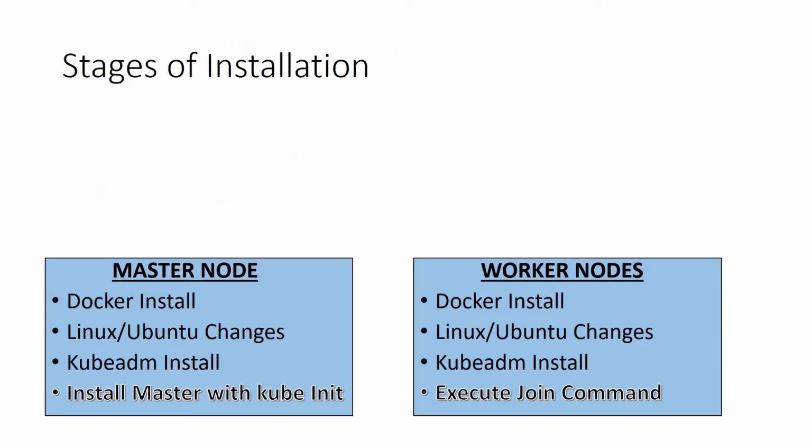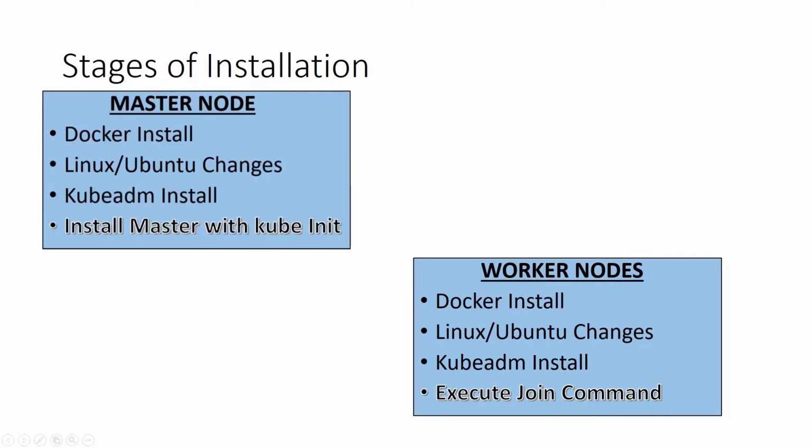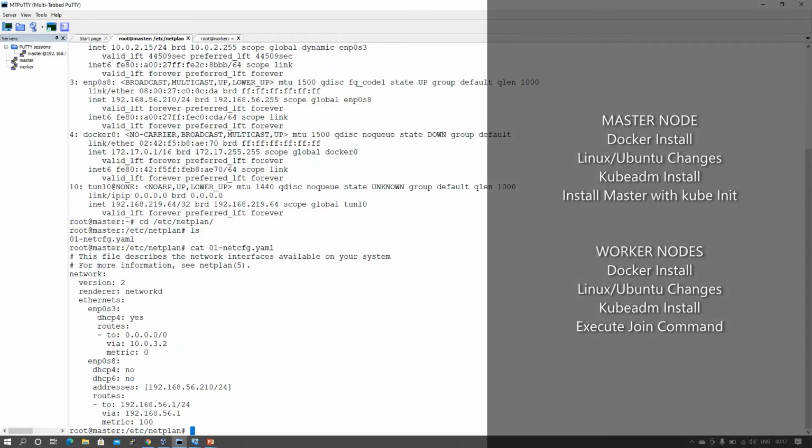First of all, there are four stages for installing all the components that are required. First, we need to set up Docker. Then we have to make some modifications or changes to our operating system, and then we have to install Kubeadm. If you notice, the same three steps go for the worker nodes. On the worker node as well, Docker install, changing OS, and the Kubeadm install.